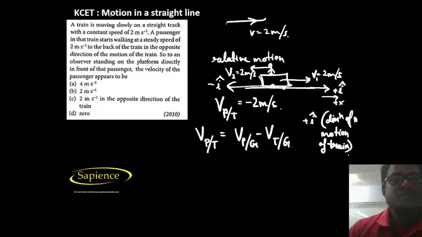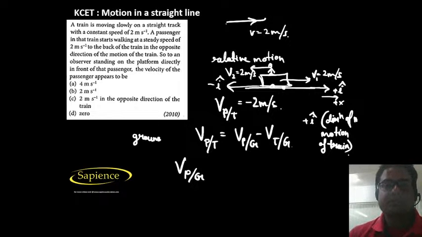Here it is asked about an observer standing on the platform directly in front of that passenger. So we have to find the velocity of the passenger with respect to the ground, since the observer is standing on the platform, which is in the ground frame.